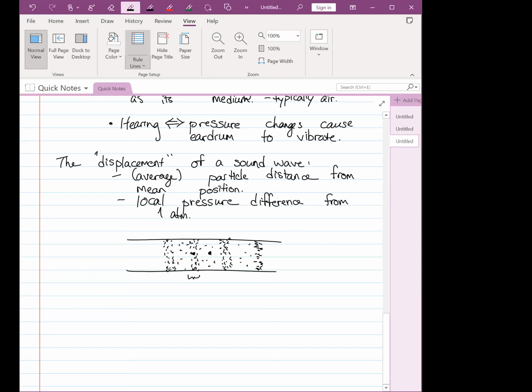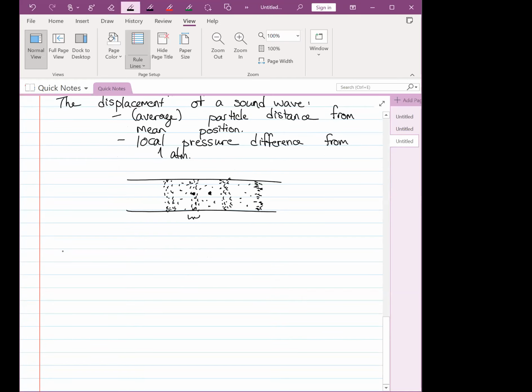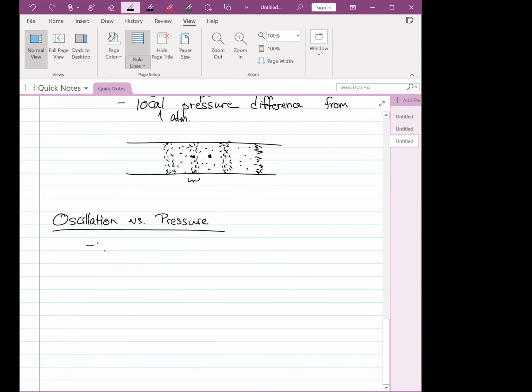The particle is displaced the most when it's halfway between a maximum and a minimum, which is just to say that the oscillation, the particle motion, compared to the pressure, the waves actually look different. They're not in phase with each other, i.e. when one's at a maximum, the other is not. In fact, they're exactly out of phase.